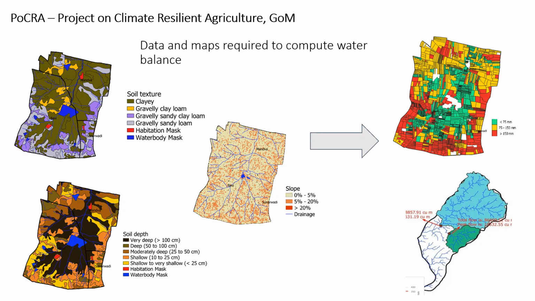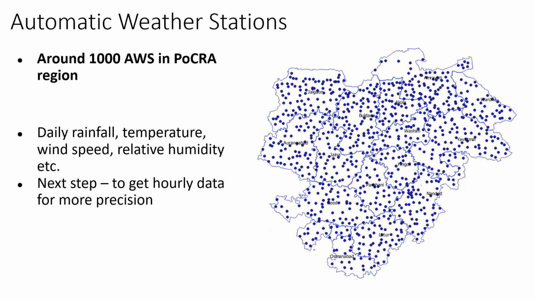There are also automatic weather stations in place now, used by the government to get daily rainfall, temperature, wind speed and humidity data, which are useful for estimating PET and AET. The daily rainfall data is also very helpful for runoff estimation.